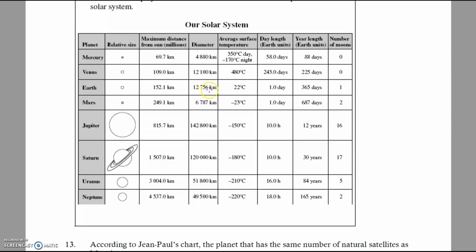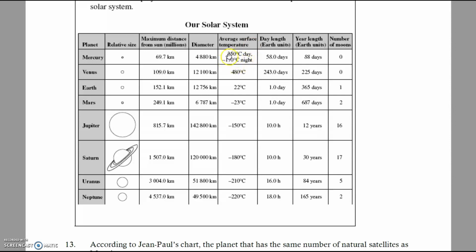Earth is 12,756 kilometers, Mars is 6,787 kilometers, Jupiter 142,800, Saturn 120,000, Uranus 51,800, and Neptune 49,500. This column is average surface temperature.